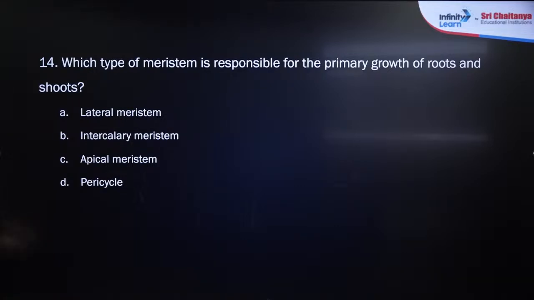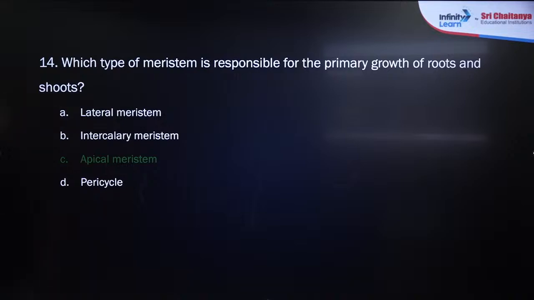Okay, Tanya is saying the answer is C. Purvi's answer is C. Sachin's answer is also C. Very good students. Very nice. Anushka's answer is also C. Absolutely correct answer.